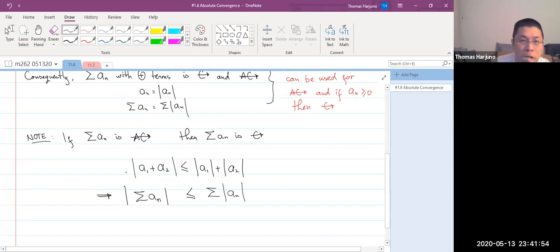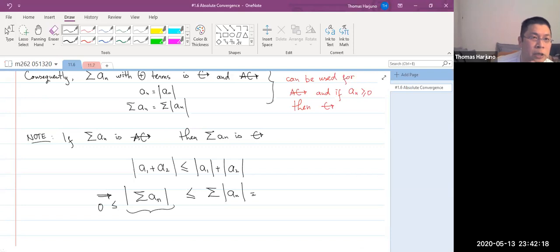Of course, the left-hand side here is bounded below by 0. Therefore, if this is convergent, which means it equals some constant, then this guy here will also be convergent. So absolute convergence is a situation a lot stronger than regular convergence.